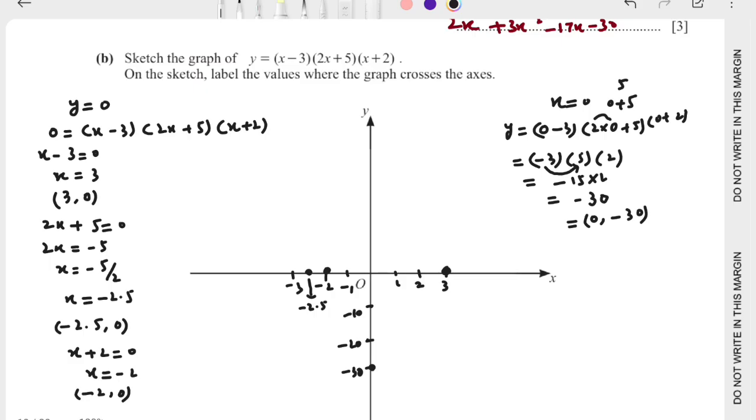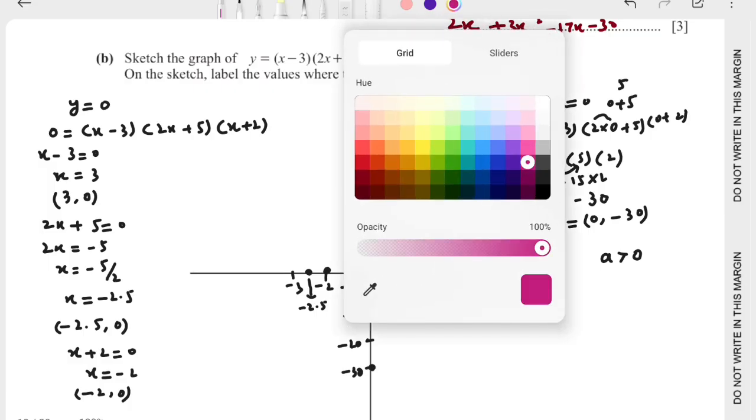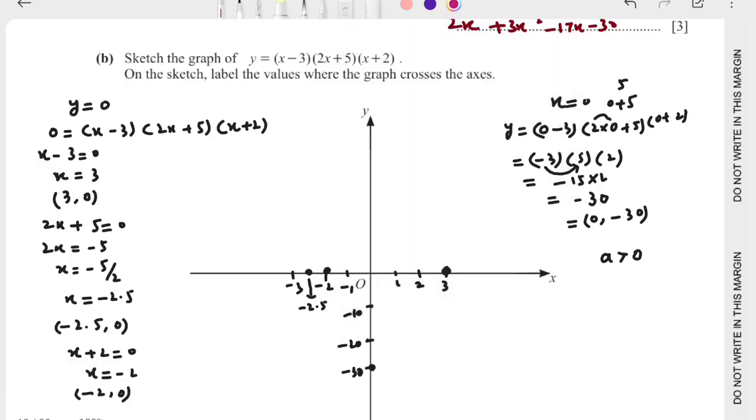One thing is very important: as this is a cubic graph and the coefficient of x³ is greater than 0, it means that your graph will start from the bottom left, like it would be starting here, and the curve ends at the top right.